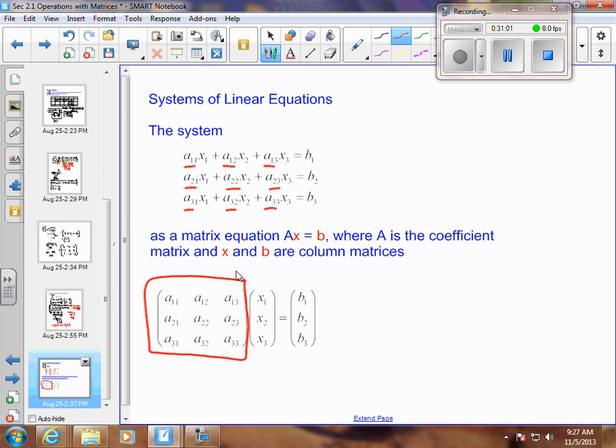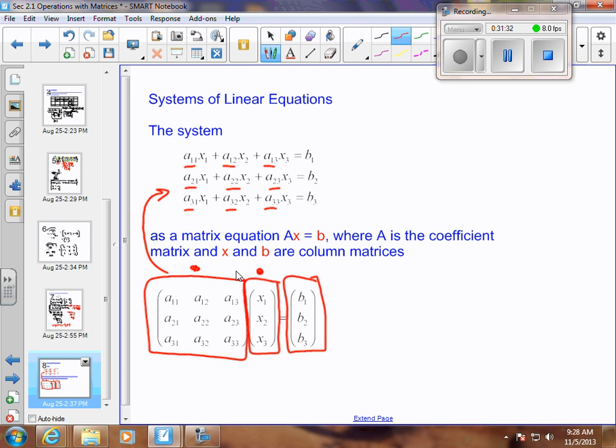The subscripts there just identify the row and column in which each element is placed. The second matrix is the variable matrix. And notice again that if you were to multiply the coefficient matrix by the variable matrix and set it equal to the right-hand side of the equation, that would generate the system of equations.